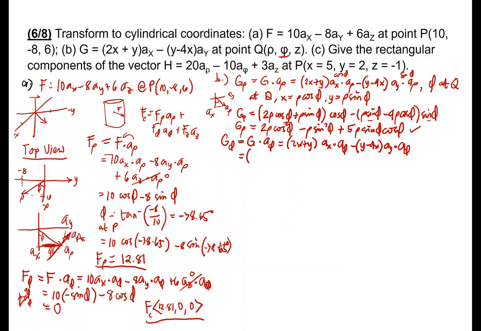So that's 2 rho cosine phi plus y, which is rho sine phi, times a x dot a phi, which is equivalent to negative sine phi, minus y, which is rho sine phi, minus 4x, which is 4 rho cosine phi. Then a y dot a phi is adjacent to y and going in the positive direction, so this is positive cosine of phi.